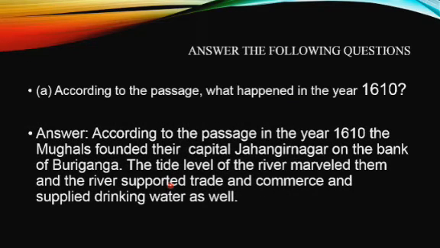So the answer is, according to the passage, in the year 1610, the Mughals founded their capital Jahangirnagar on the bank of Buriganga. The tide level of the river marveled them, and the river supported trade and commerce and supplied drinking water as well.